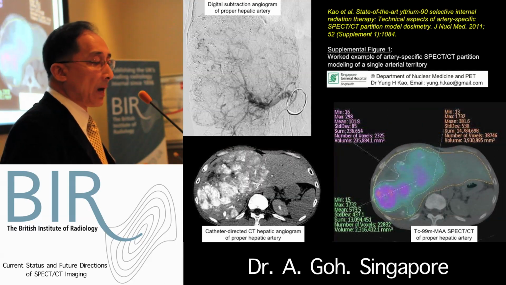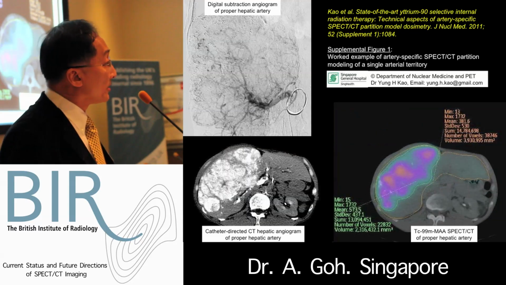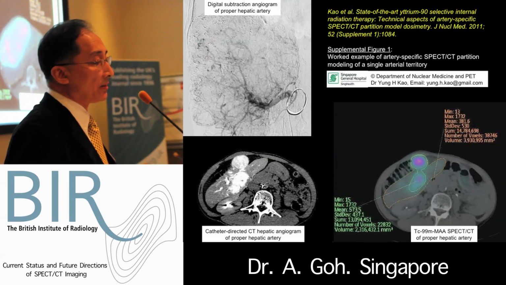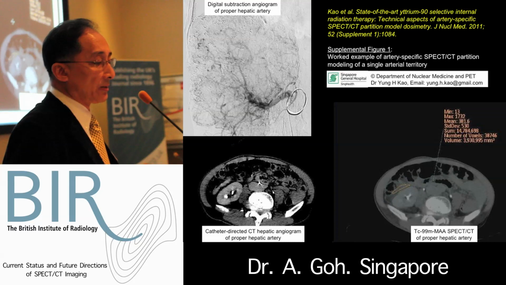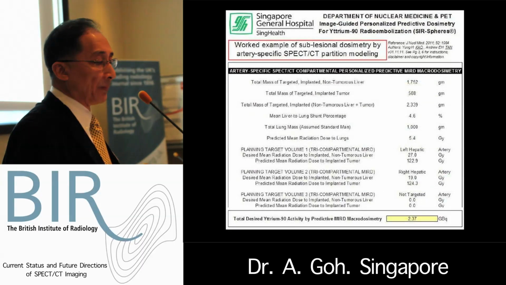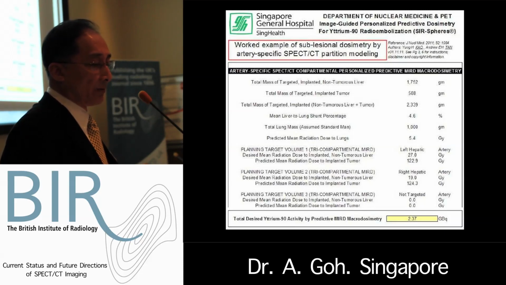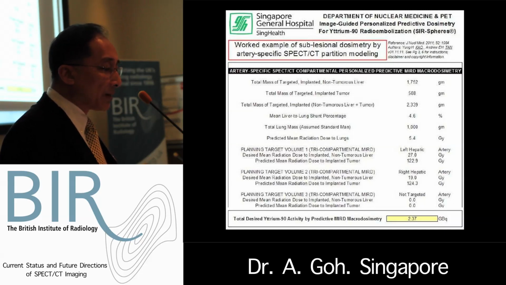So the counts, the tumor masses, the normal liver are plugged into that same worksheet, and in this case it's a single vascular territory, which we plug into the partition model dose calculation, and we arrive at, in this particular case, a recommended dose of 4.64 gigabecquerels, which would deliver 11.8 grays to the lungs.